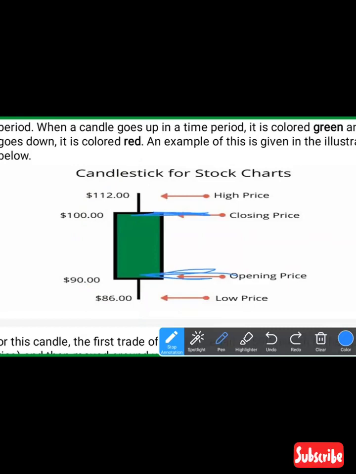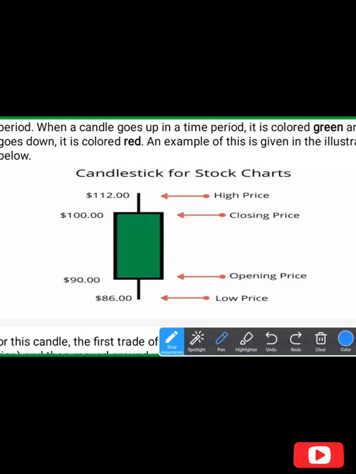Pretend that you are a beginner and this is your first time, so that you can get the explanation in depth. This signifies the opening price of a candle, and this signifies the closing price of a candle.